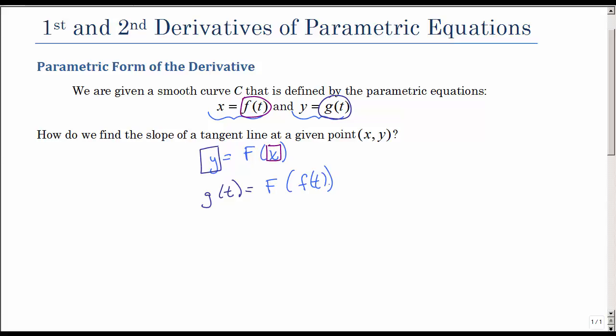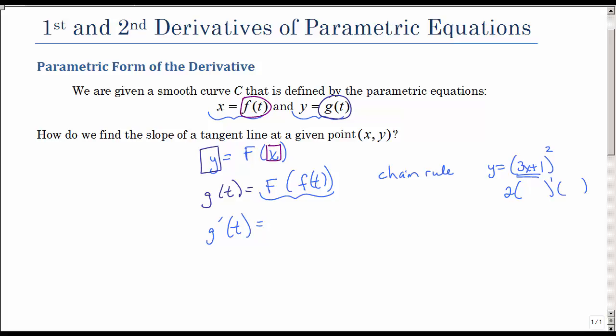Now we want to find the derivative. Okay, well that should be fairly easy. We take the derivative of g with respect to t, because that's your variable. But how would I find the derivative here? Well, we're going to have to use the chain rule. Remember, if you have something like y equals (3x plus 1) squared, we would take the derivative of the big function, multiplying it by the derivative of the inside function.